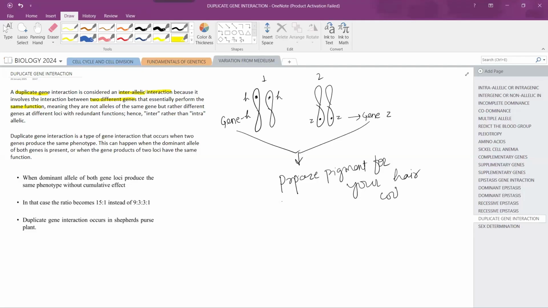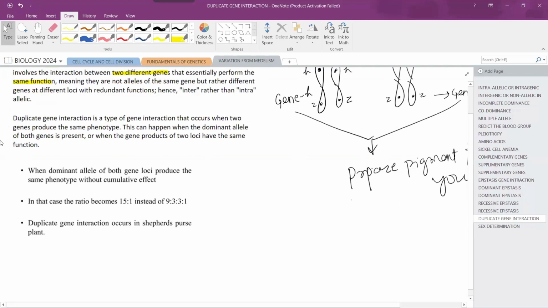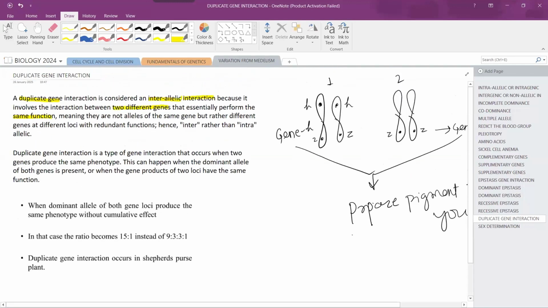Understood. Though both are two different genes at two different chromosomes, or at two different loci, this can be at chromosome number 1 but at different loci. So there are two conditions: these two different genes can be on two different chromosomes or at different loci on the same chromosome.